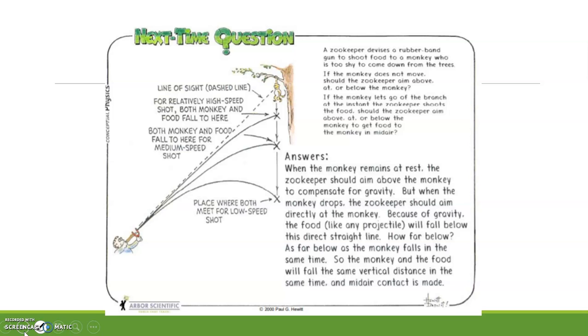So because the banana will fall as it's shot, the zookeeper needs to aim above the monkey. Second, if the monkey falls when the banana is shot, the zookeeper should aim the banana right at the monkey. Because all objects fall at the same rate, the banana and the monkey will collide at some point in the air.